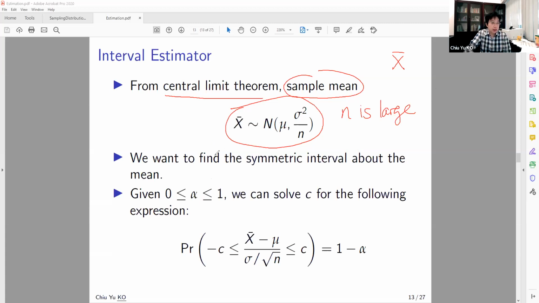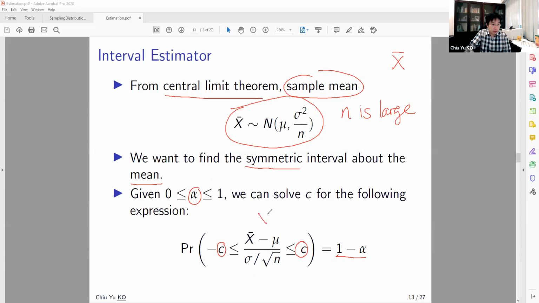What we want is to find a symmetric interval about the mean. More precisely, consider any alpha between 0 and 1. We want to figure out what the z is, such that this is between 1 minus alpha and 1 plus alpha.